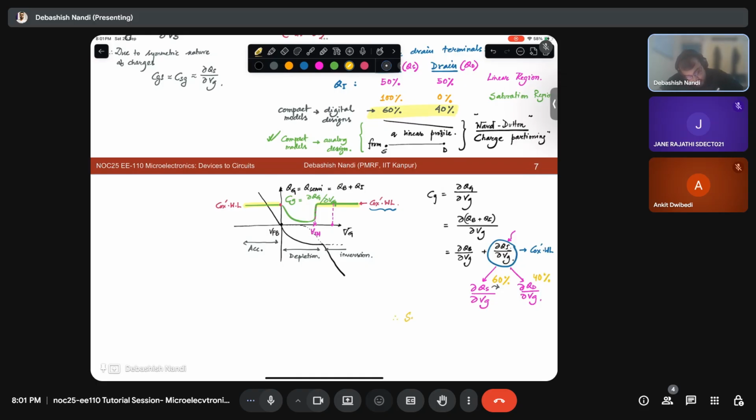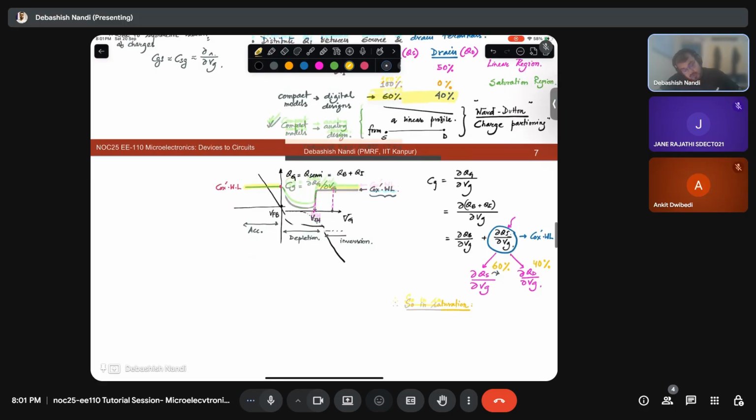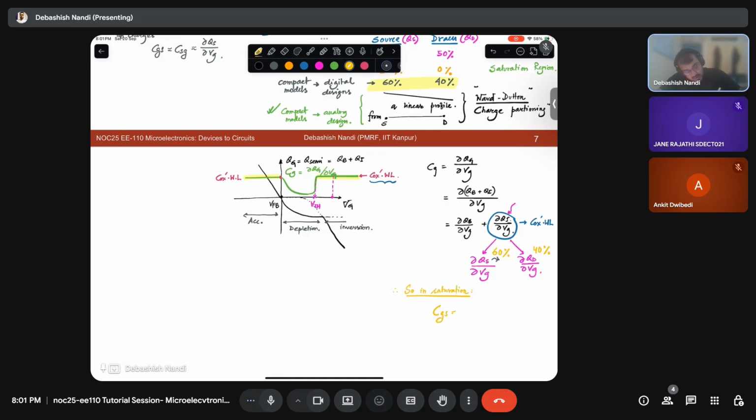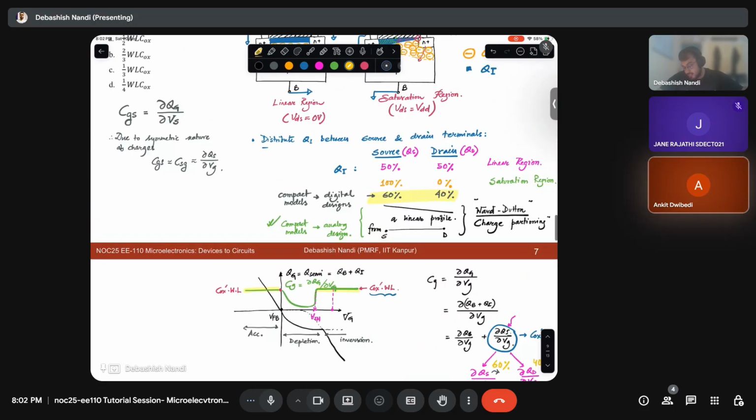So, in saturation, my CGS or CSG will be 60% of Cox dash times WL, or 2 by 3 of Cox dash times WL. Yes. Okay.